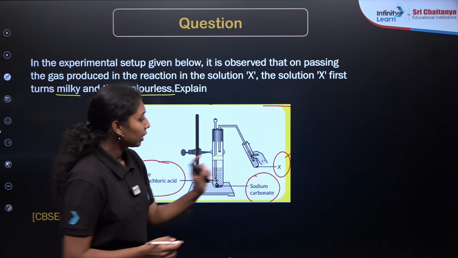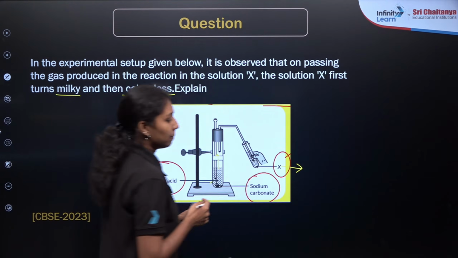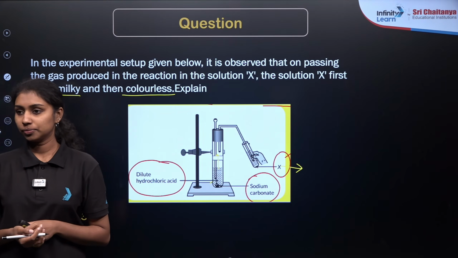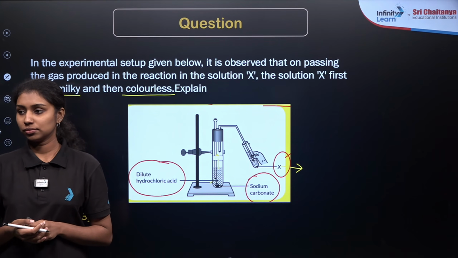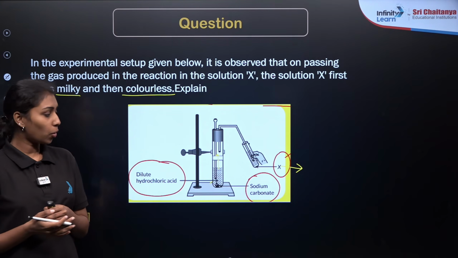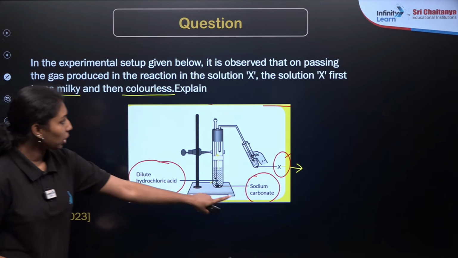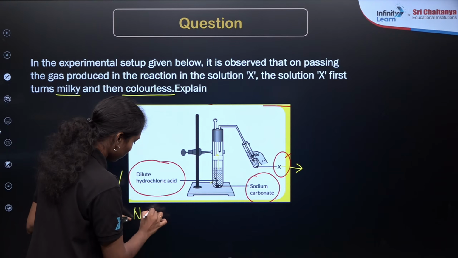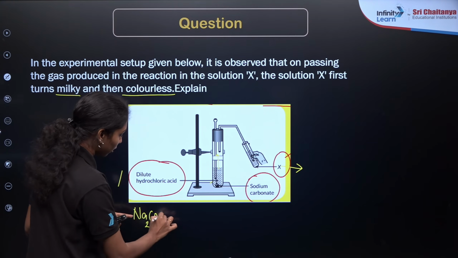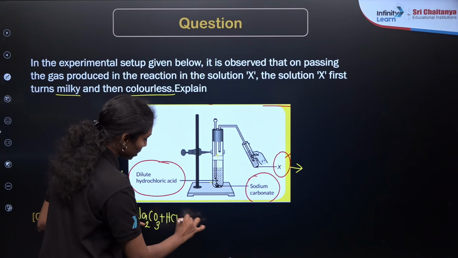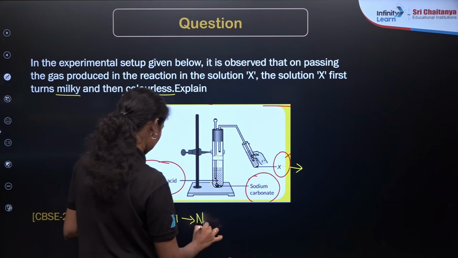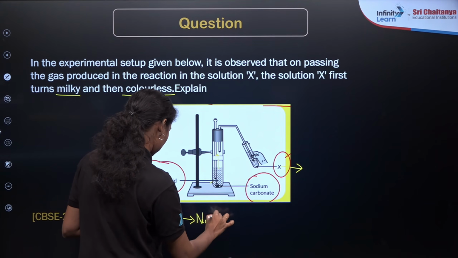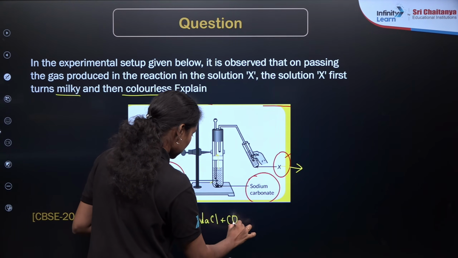So what is X given here? Yes, carbon dioxide gas is forming here, right? Whenever we treat sodium carbonate, Na2CO3, with dilute hydrochloric acid HCl, it forms the corresponding salt NaCl, carbon dioxide plus water, right?